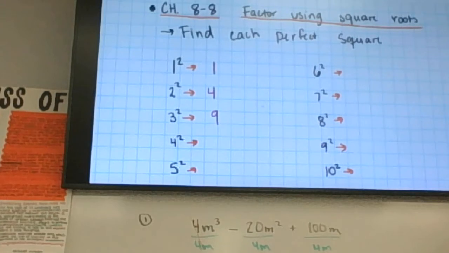You guys make a list. 5 times 5 is 25. 6 times 6 is 36. I kind of had a brain fart there. 7 times 7 is 49. 8 times 8 is 64. 9 times 9 is 81. 10 times 10 is 100.